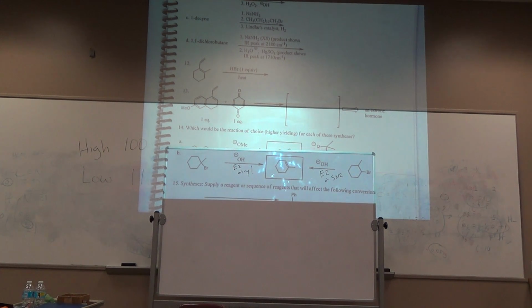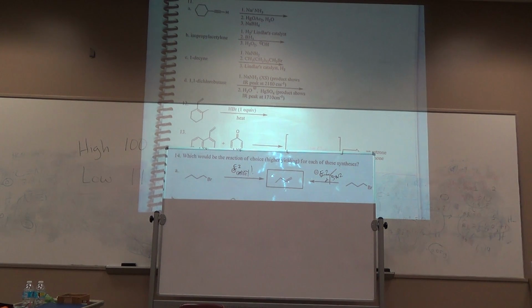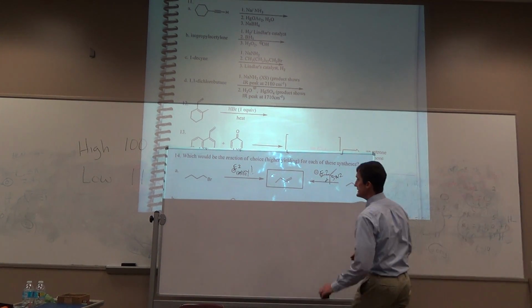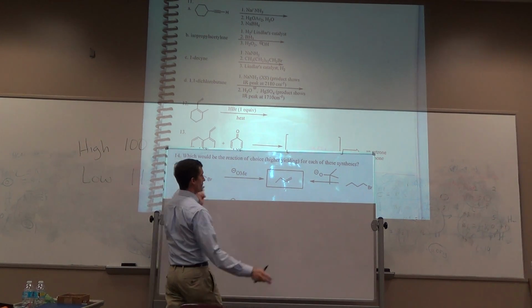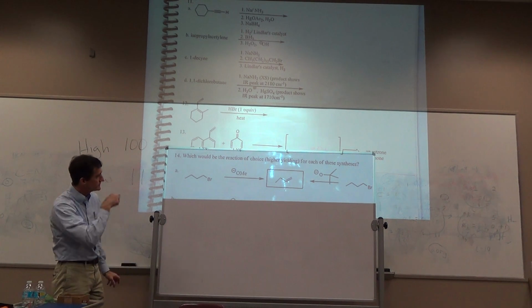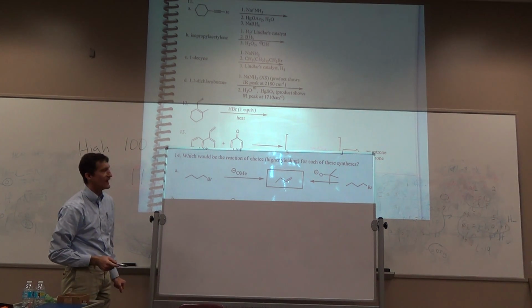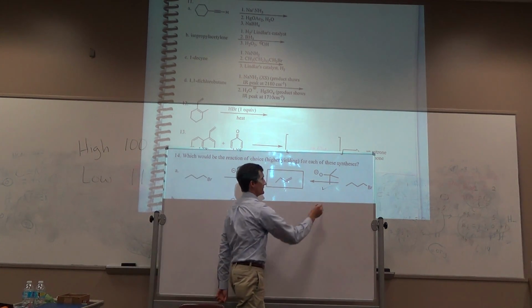Let's look at the other one. Which was it? One below or above it? Above it. Which one of these is best? We have the same starting material, we just have different reagents here. Which reagent would you rather use? Right. I think this one's pretty straightforward. You'd rather use this, why?